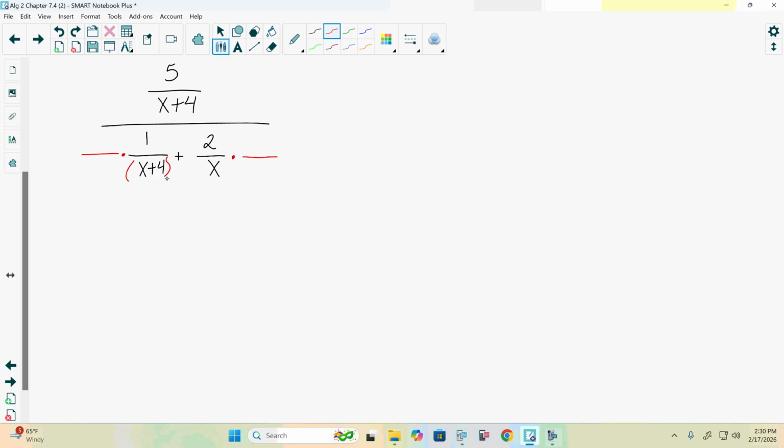Or the main way I look at it, I see what the left side has that the right side doesn't. Now it does have an x in the x plus 4, but that is one whole term. So the right side's missing x plus 4 on top and bottom. So we're going to have to multiply the top and bottom of this expression by x plus 4 over x plus 4.